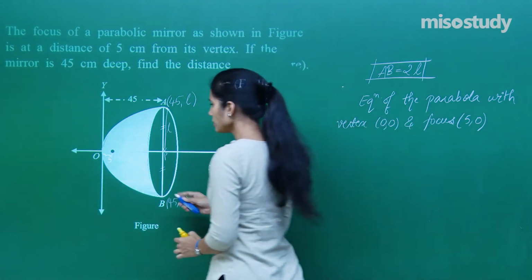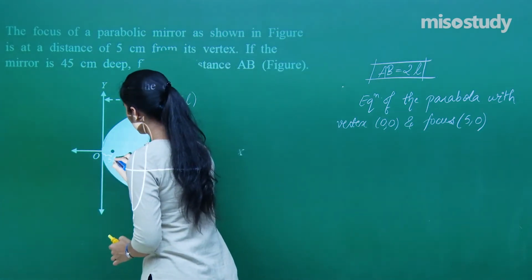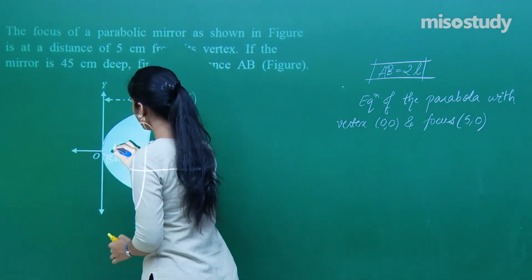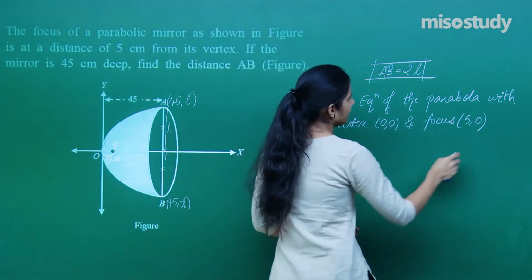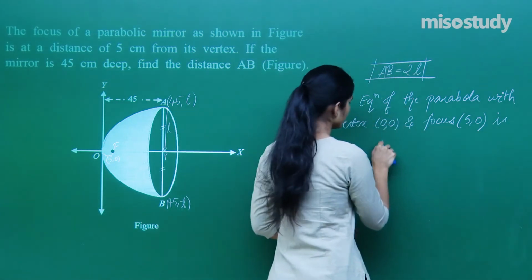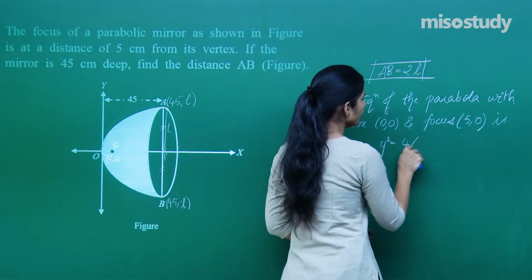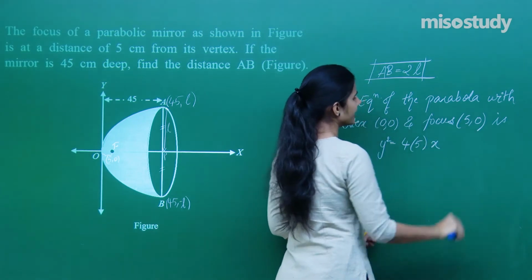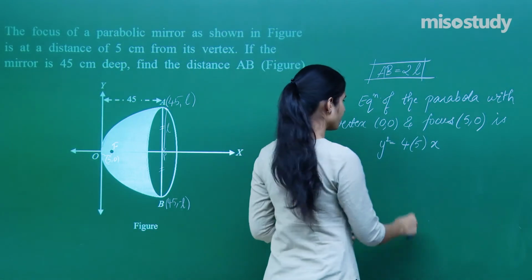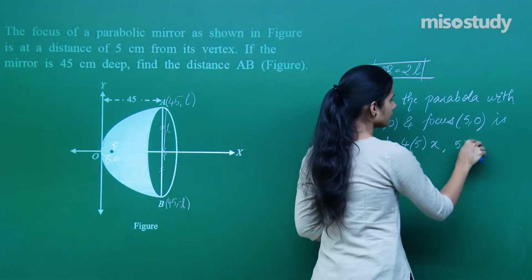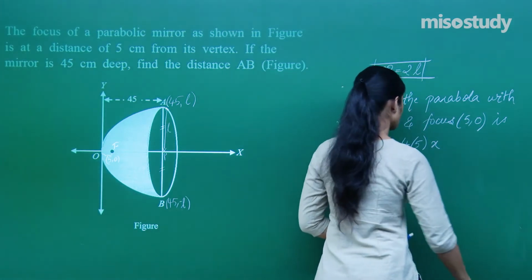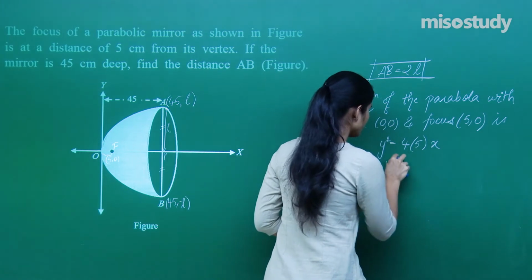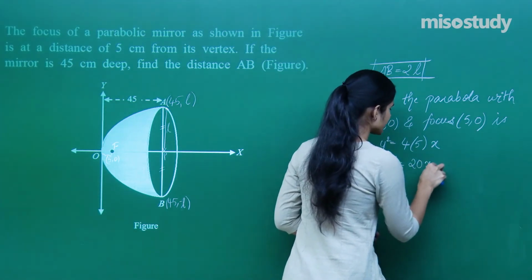Its coordinates are what? 5, 0 of this point, say F, which is acting as my focus, is y square equals 4 into a into x, where a, 0 are the coordinates of my focus. A is positive. Clear? A is positive. This gives you y square equals 20x.